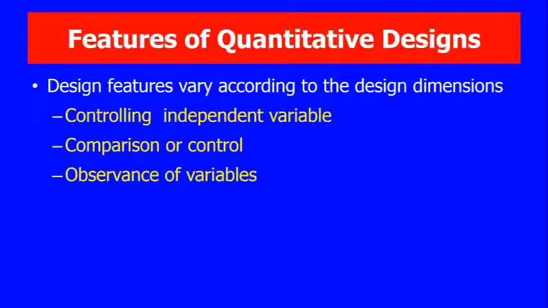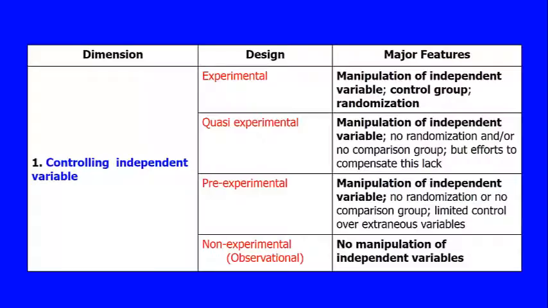And then the way you observe your variables: are you observing them at the current time, or in the future, or in the past? We will see that in the coming minutes. The setting of the research is very important, whether it is in the clinic, in the community, or in the lab.